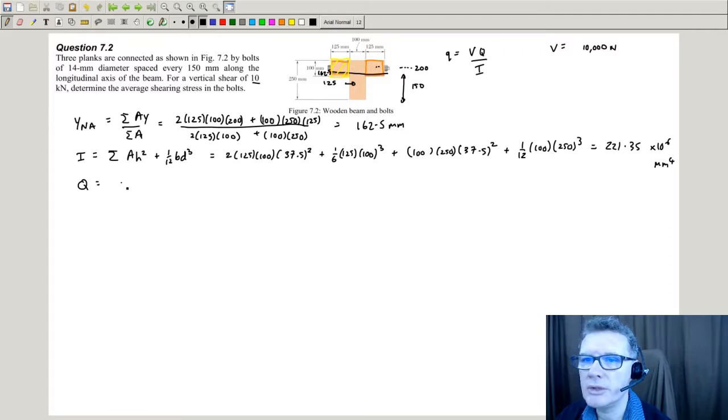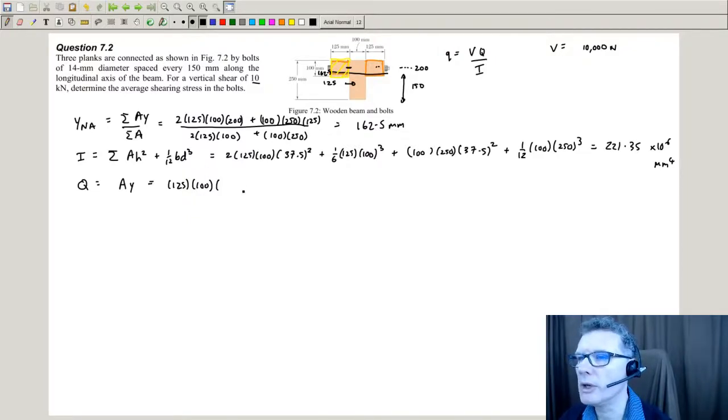So the Q is the area times its centroid. Right. So where is it shearing? It's shearing at 200. So let's put in this area first. That's 125 times its height, so its width times its height.